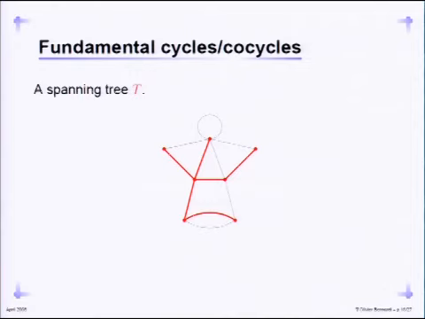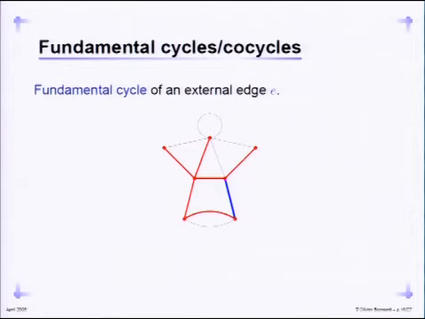I will now tell you what fundamental cycles and cocycles are. If I have an external edge, this one, the endpoints of this edge are joined by a path of the tree. So adding this edge to the tree creates a cycle, which I call the fundamental cycle of my edge.